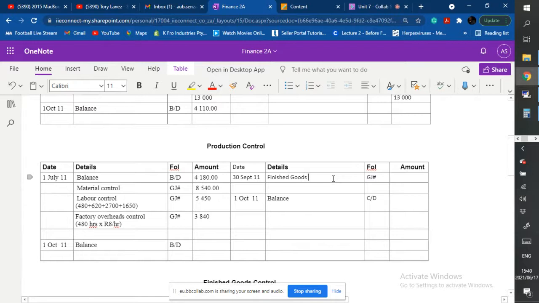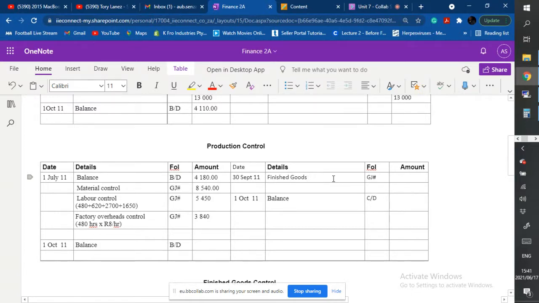So we ask ourselves, what work was not completed? Because most of the stuff was completed. We see that the Greenwood job was done, Northwood job was done, the Southwood job was done. The only job that wasn't done was the Westwood job, okay?